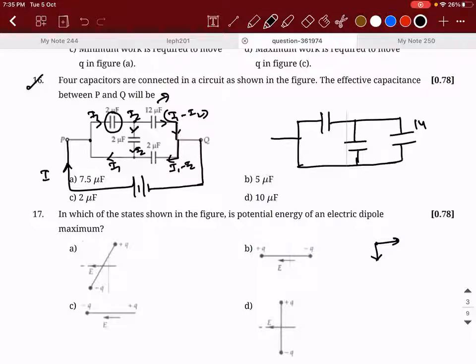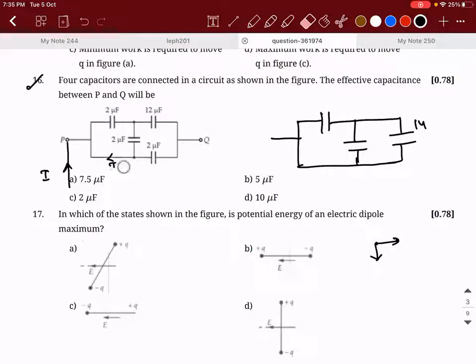So 12 and 2 are in parallel. That I know, sir. But what about 2 and 2, sir? That's what you have to decide. So this is going to be I2, this is I1 minus I2. I2 will flow here, then the same current. Okay. So only thing is, I'll tell you how to redraw this circuit. Listen.